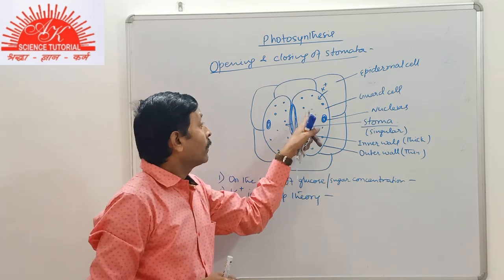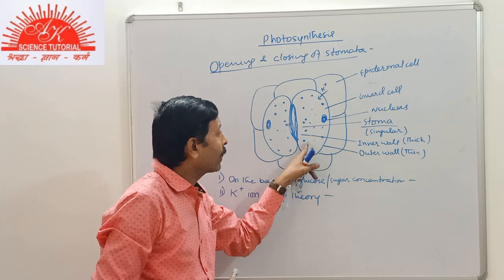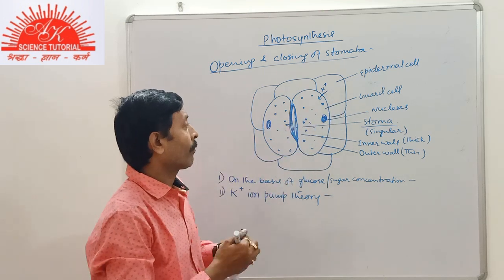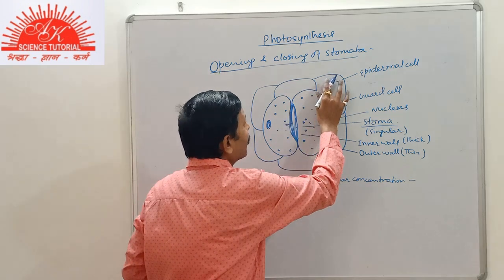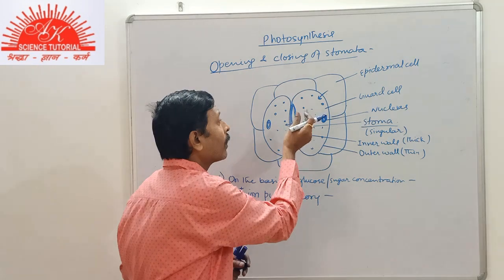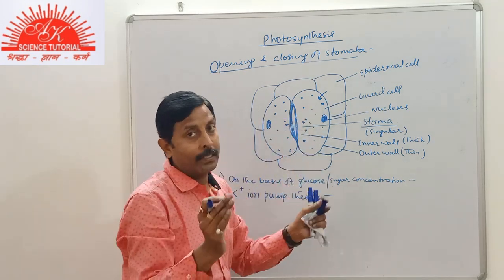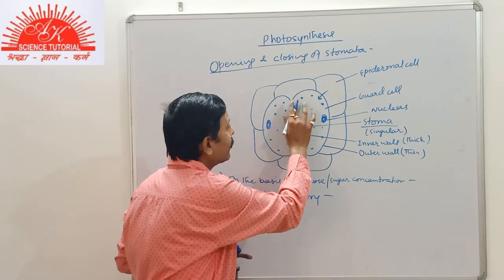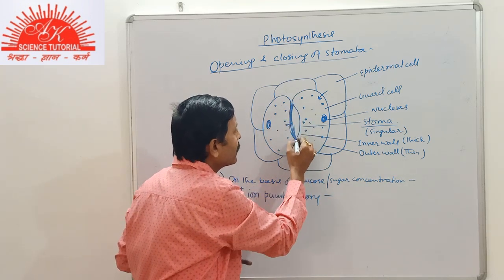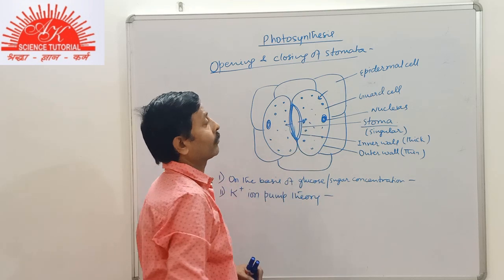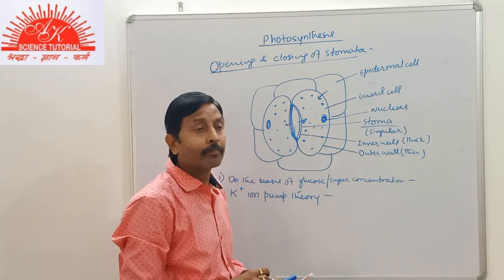Hence, the cell sap of the guard cell becomes hypertonic compared to the surrounding cells. It results in endosmosis. The guard cell becomes turgid, and again in a similar way the inner thicker wall bulges outward, opening the stoma. It happens during the day.